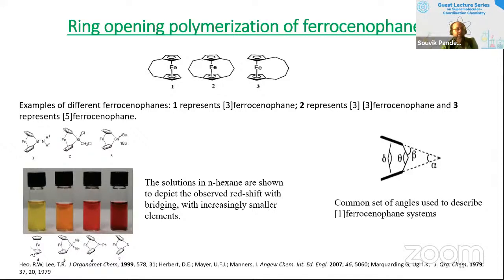And what is the difference between these four? From this I can say the size. See the size of this element, silicon to phosphorus to sulfur. So the size is actually decreasing. With the increasing smaller element, we see the color of ferrocene.